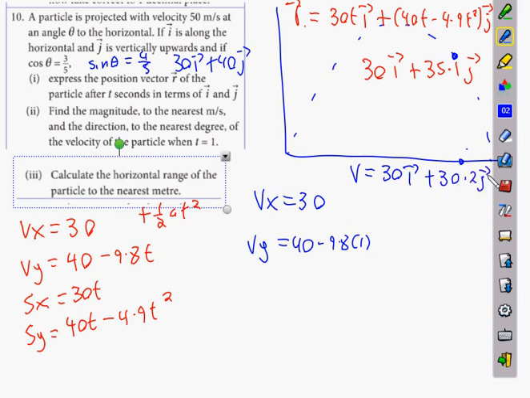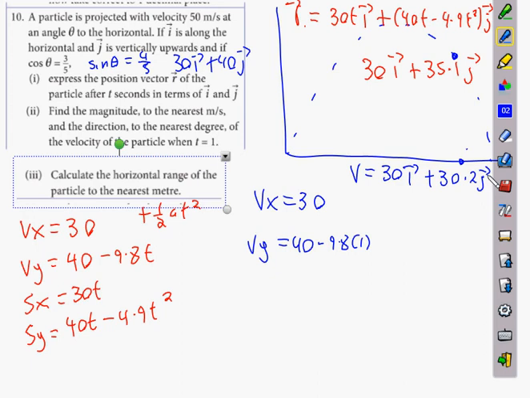j. Sir, how did you minus t squared from t? For which one? For the j value. 40t minus 4.9t squared. I actually didn't do that. I just put in t equals 1. I didn't actually take them away.